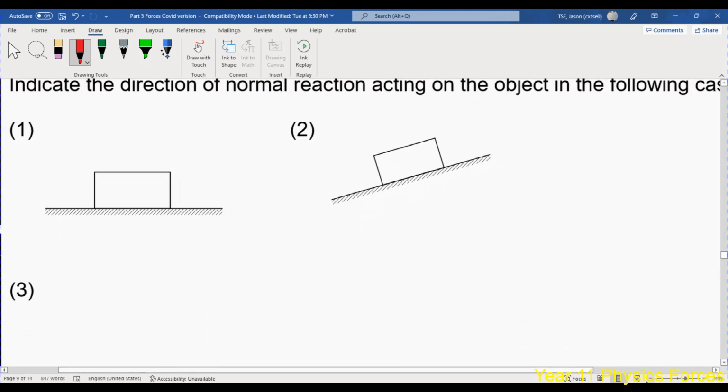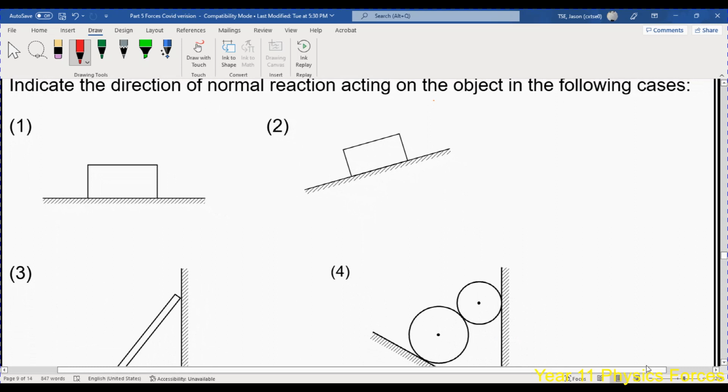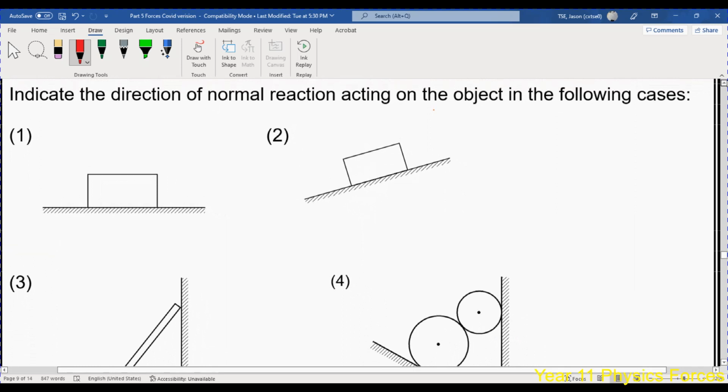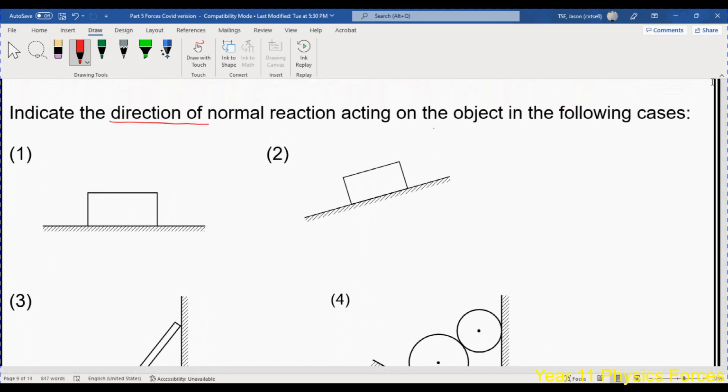The next question is to indicate the direction of normal reaction acting on the objects. Of course, the block is sitting on the ground and pressing against the surface. So here's the normal reaction. Remember, you need to make sure they're perpendicular.